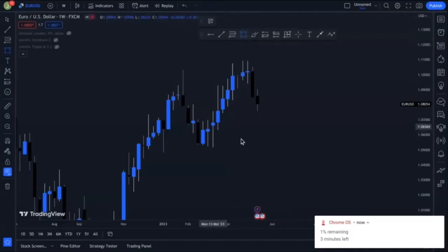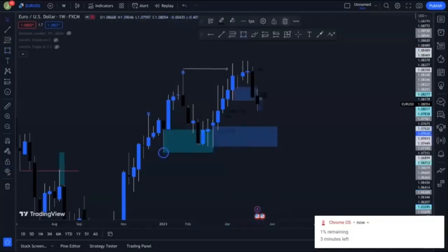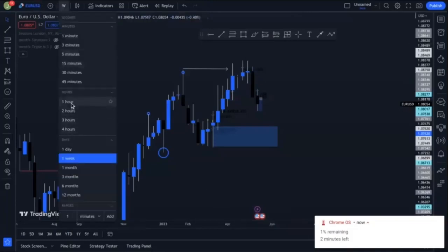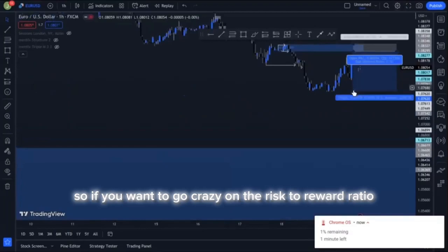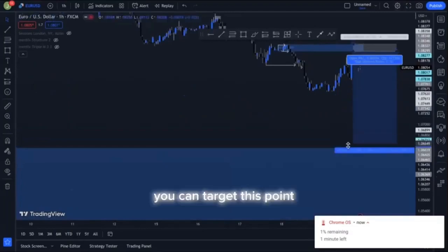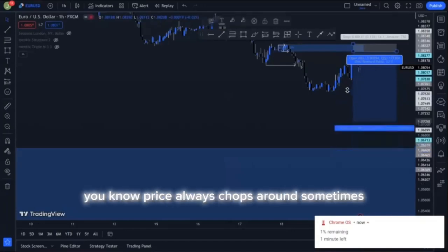What's happening? Okay. So if you want to go crazy on the risk to reward ratio, you can target this point, but there's no point in you doing that because price always chops around sometimes.